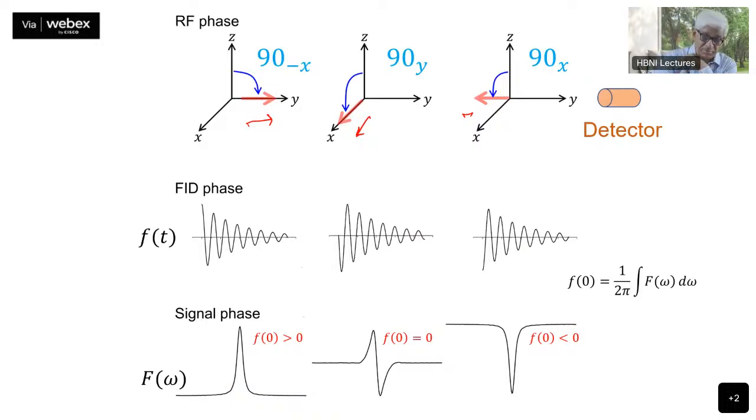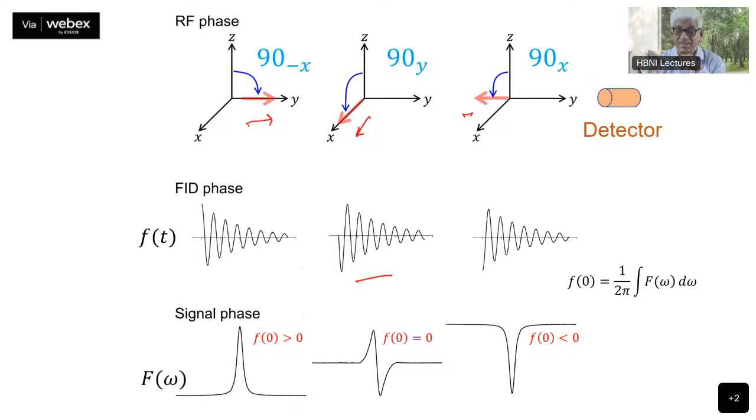It starts with maximum and then decays in this manner. In the second case, the FID starts with 0 because you see that at time point t equal to 0, the value is 0. It is a sine function. The sine decaying function will produce an FID of this type.